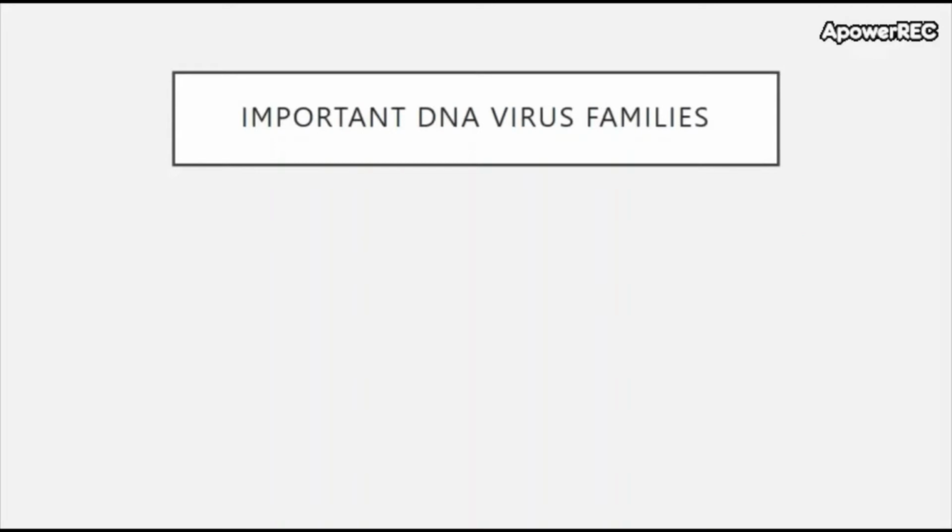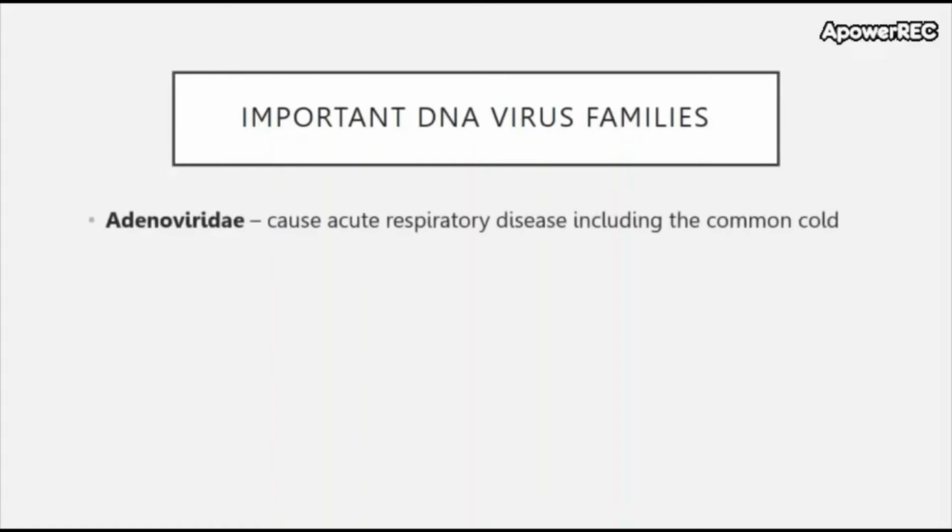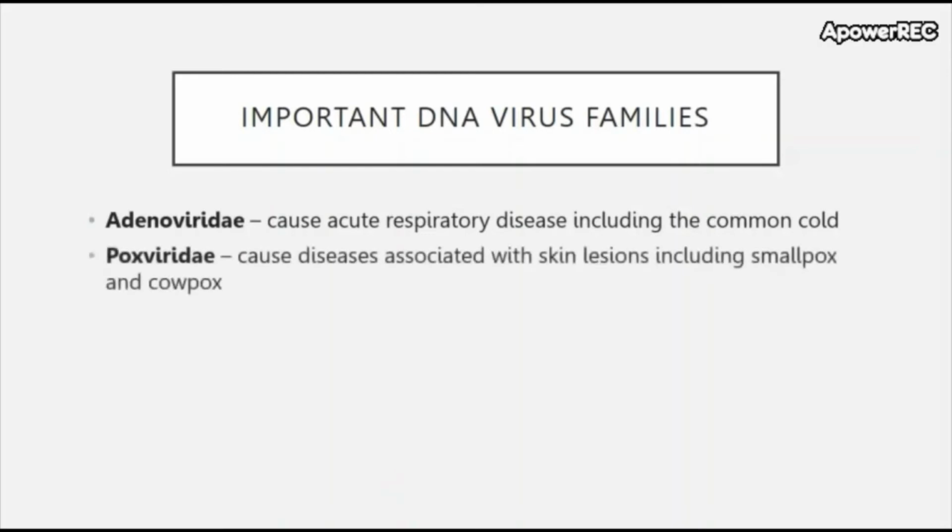There are several important DNA viruses that we need to be familiar with. These virus families include the Adenoviridae, which cause acute respiratory diseases, including the common cold. We have Poxviridae, which gives rise to diseases associated with skin lesions, including smallpox and cowpox.